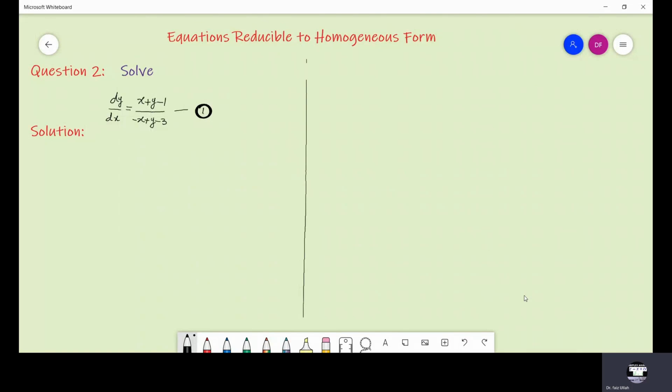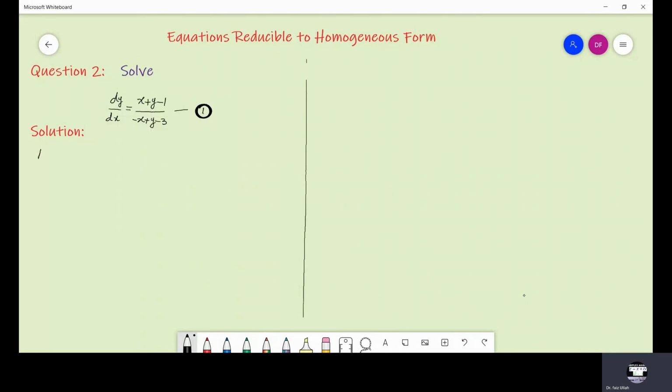Question number 2. Solve the ordinary differential equation number 1. We can see that this is an equation reducible to homogeneous form.